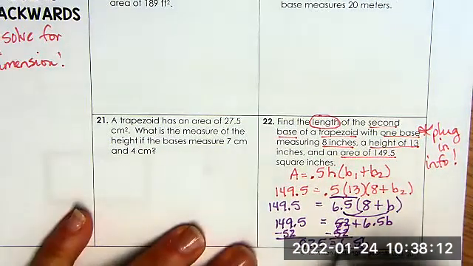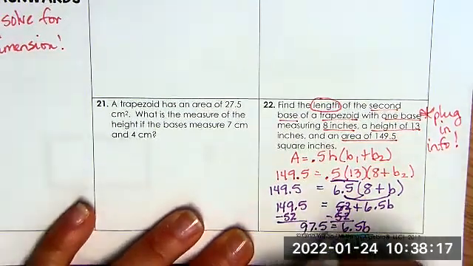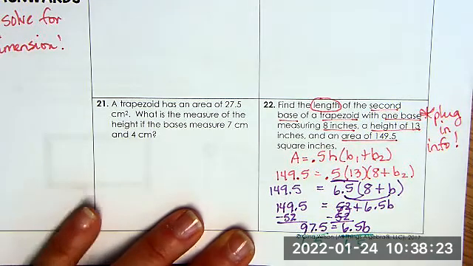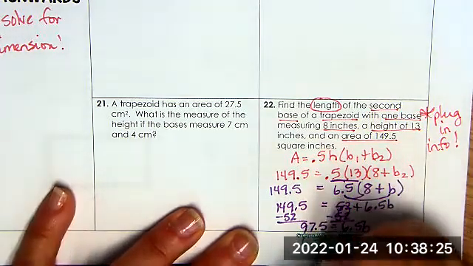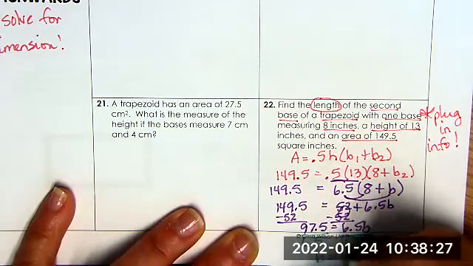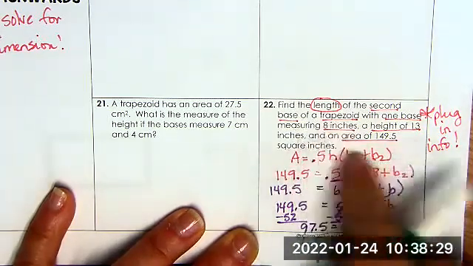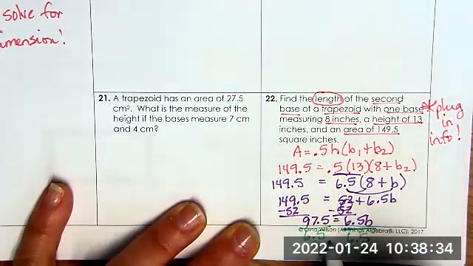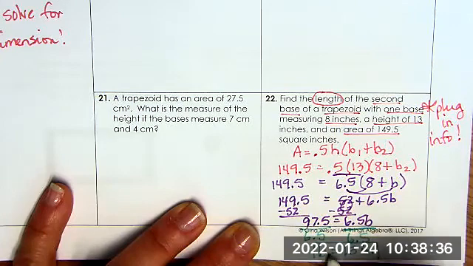And we divide by 6.5 to both sides. And I end up with B equals 15. This is all in inches, so I have to have my units. My B2 is 15 inches.